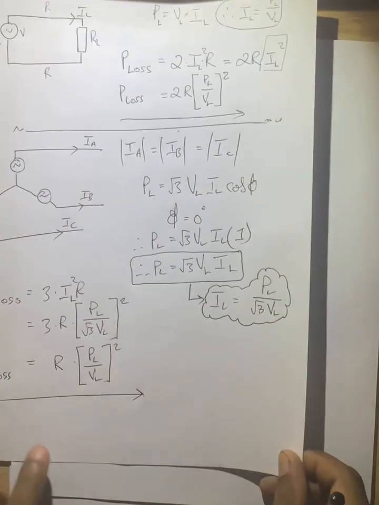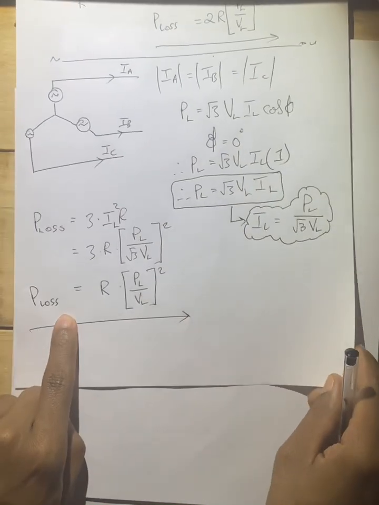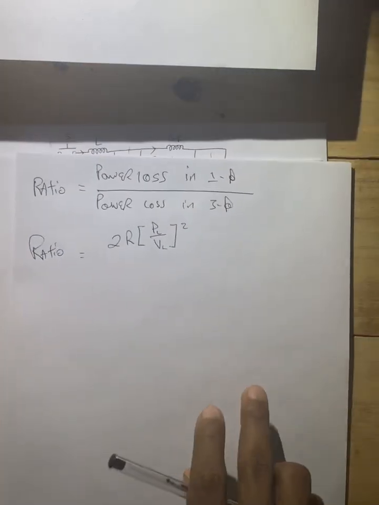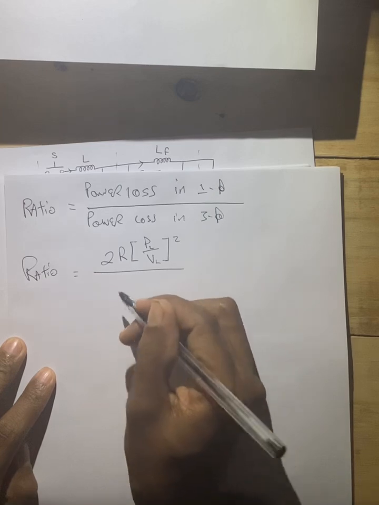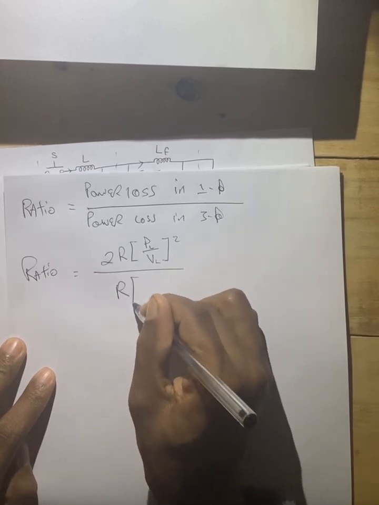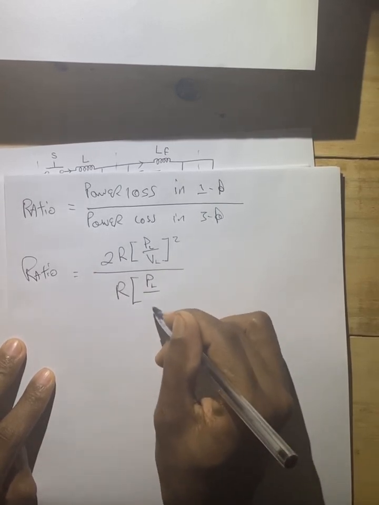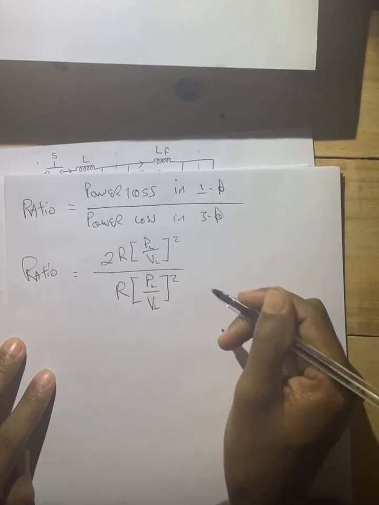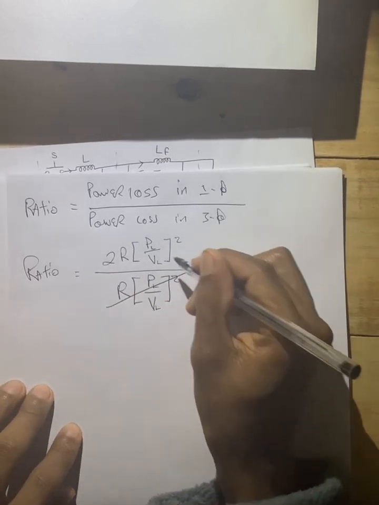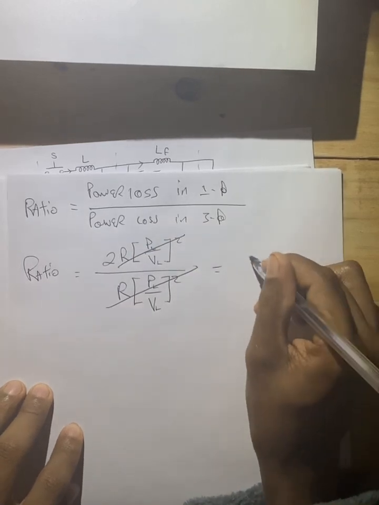Okay, and then here's the one for three phase. So we divide by the one for three phase, which is R times PL over VL squared. This cancels out, and then this relationship, it's what?